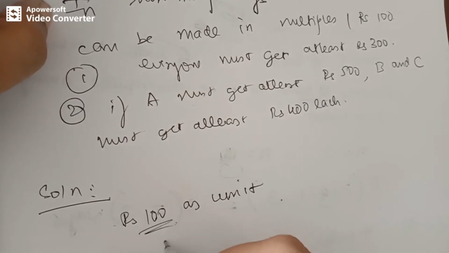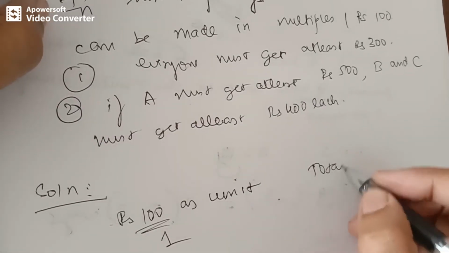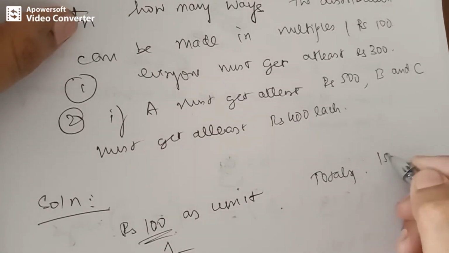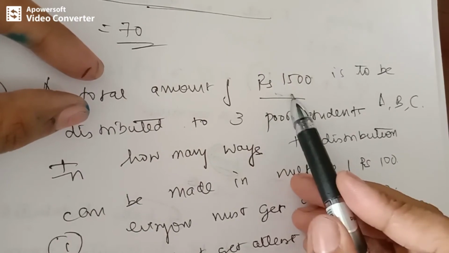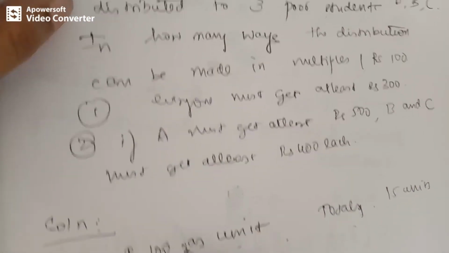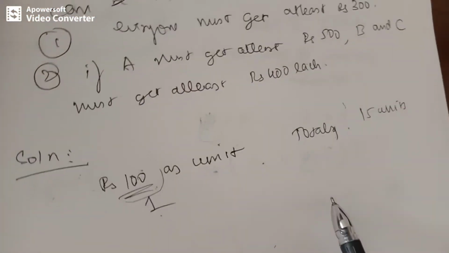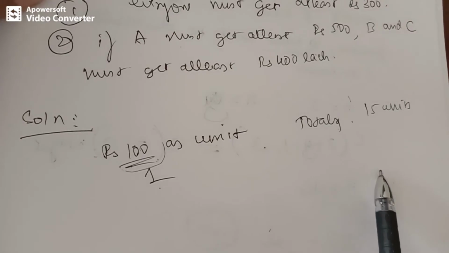So totally how many units are there? 15 units, right? Just divide 1500 by 100. So we are taking 100 as 1 unit, and totally 15 units are there for distribution.